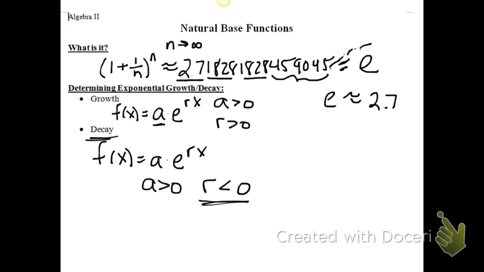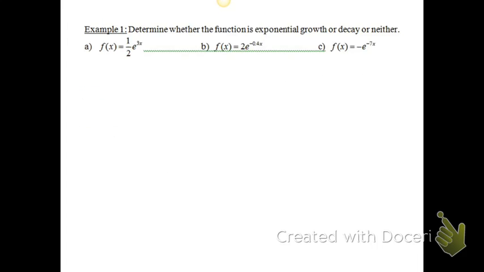So one of the first questions I could ask you would be in the following examples. In this example, we're going to determine whether the function is exponential growth, decay, or neither. So kind of like in the last section in 8.2, I like to write down the a value, and in this case it's a half, which is bigger than 0.